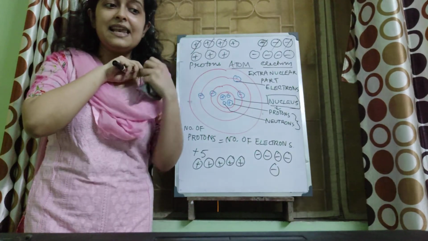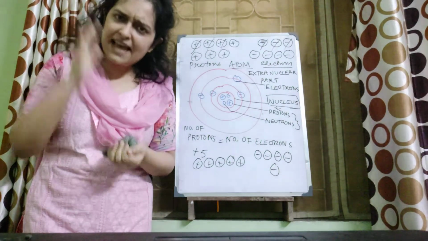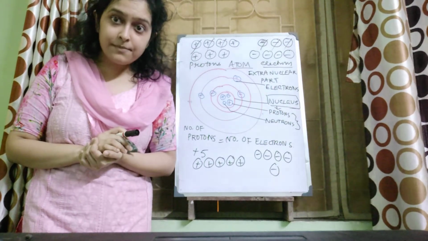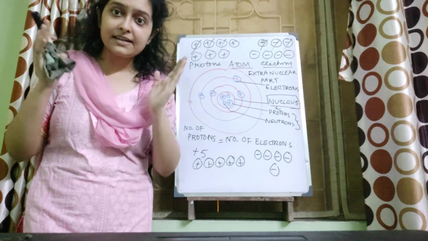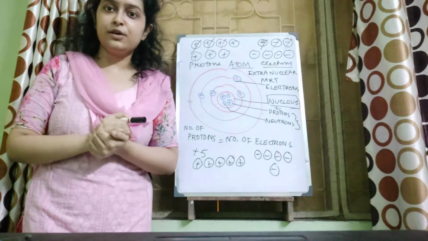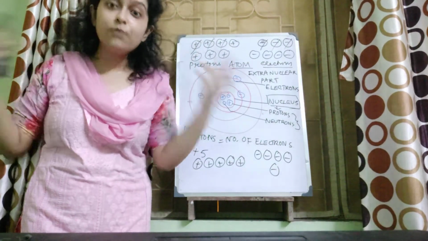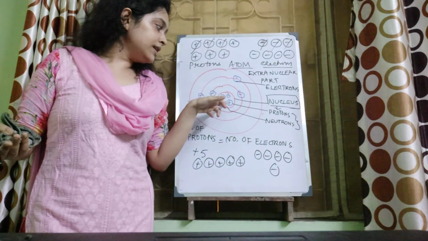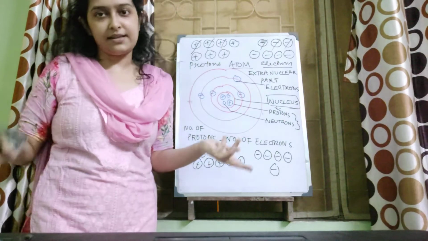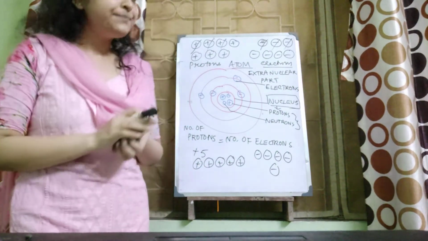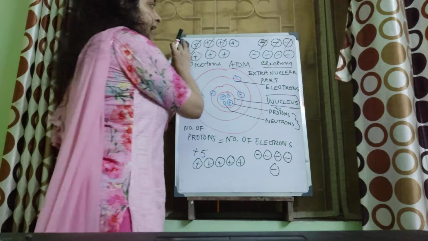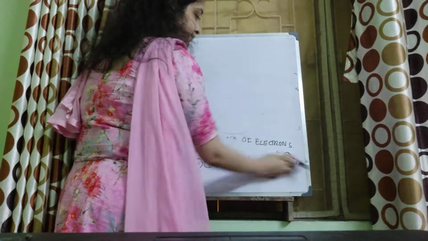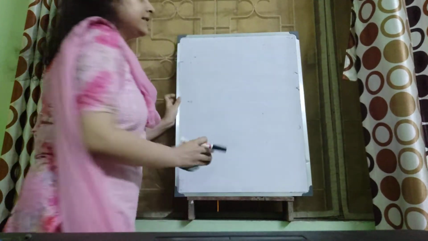If it is lacking of electrons, that means it has less electron than proton, then it will become, what will it become? Ultimately the atom will become positively charged, because at that time positive charge is more. That's why number of protons is more. And what has neutrons got to do with the charge? Nothing. Neutrons carry no charge, right? This is how we can define charge of any atom.